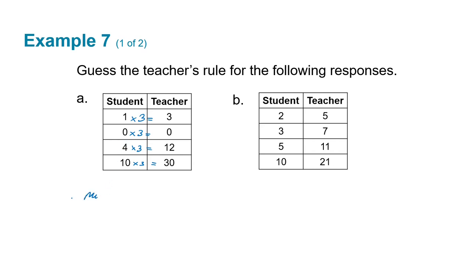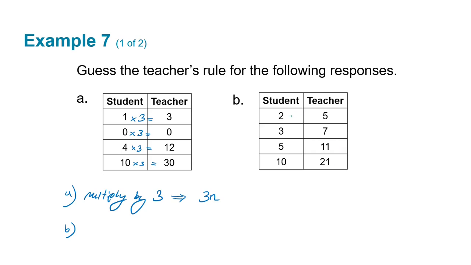So our rule for part A is to multiply by 3. Now, how do we write this as an equation? Well, this is the same as taking our number n and multiplying it by 3. So that's our formula. It's 3n.